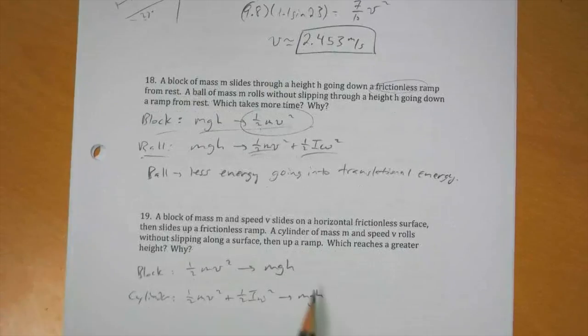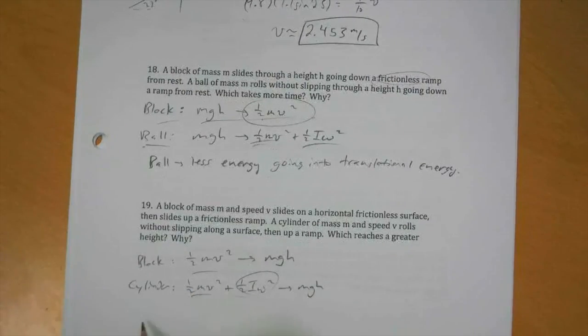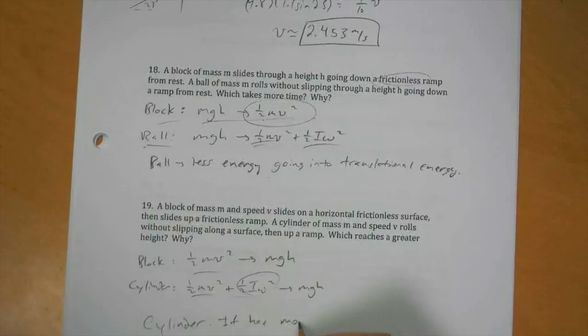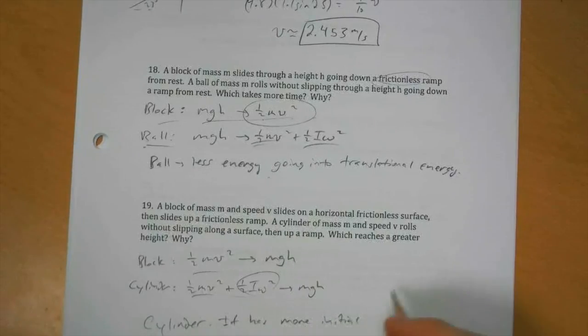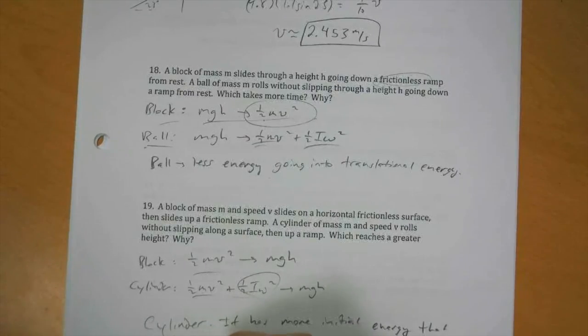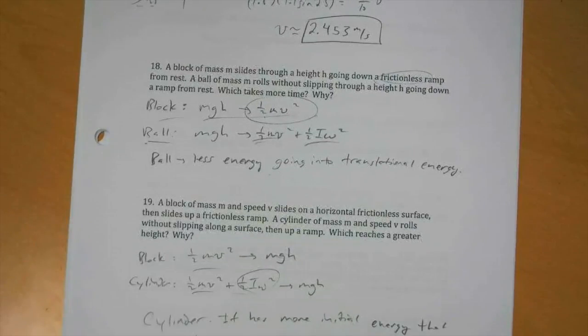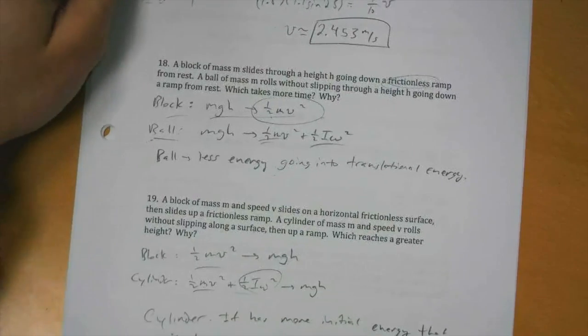They have the same speed, so these are the same, but the cylinder has this extra term. So which reaches a greater height? The cylinder. It has more initial energy that is turning into potential energy, so it's going to wind up going higher.